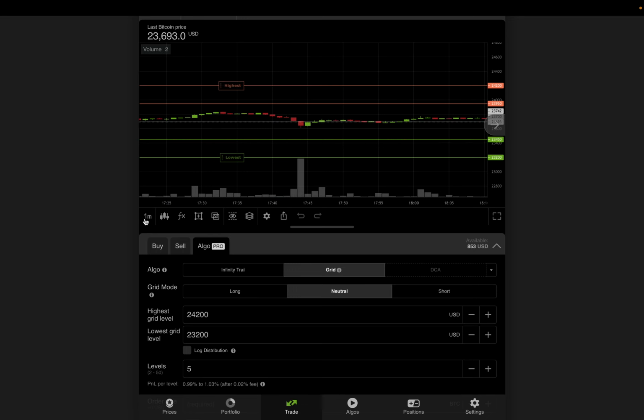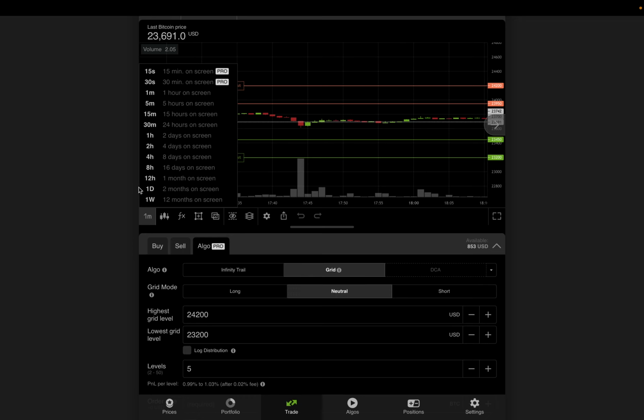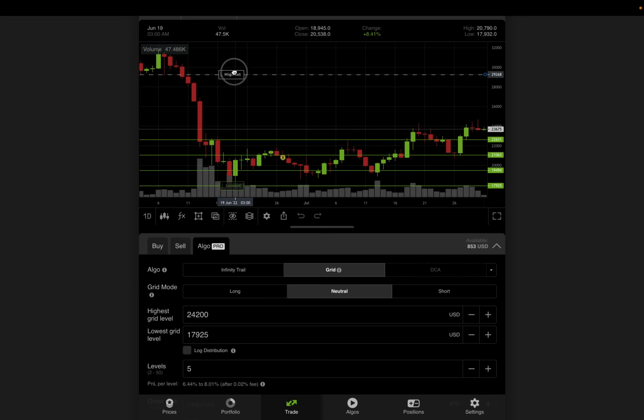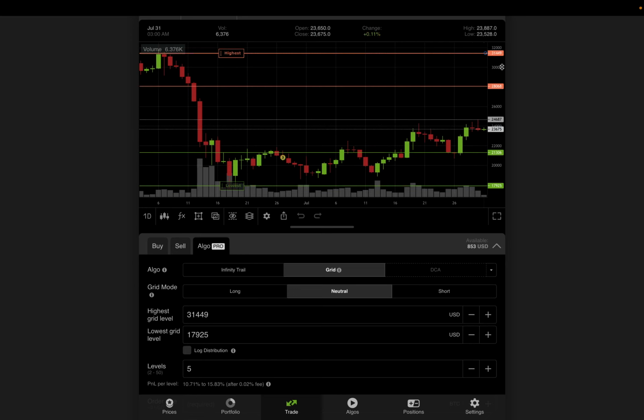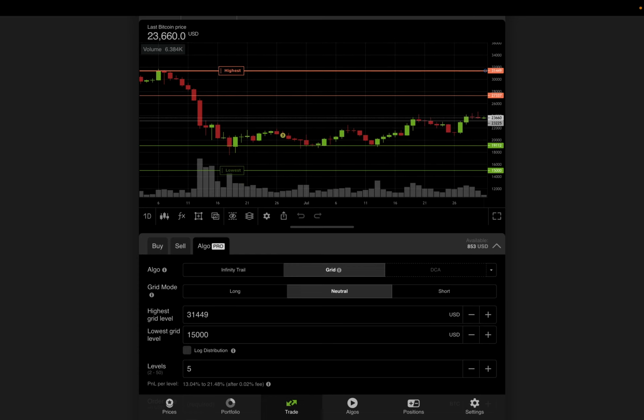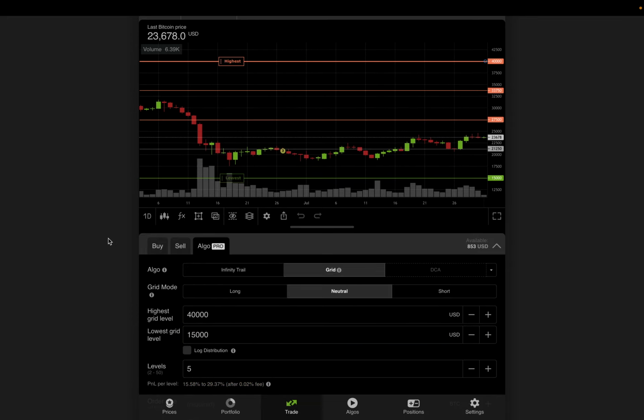That's okay. But look what happens if, for example, we zoom out to the 1-day candles and go with a nice and large grid range from, I don't know, say $15,000 to, let's say, $40,000 BTC.